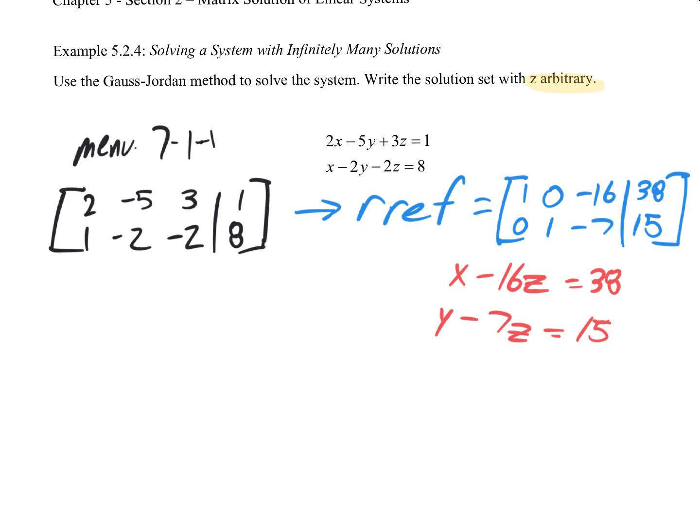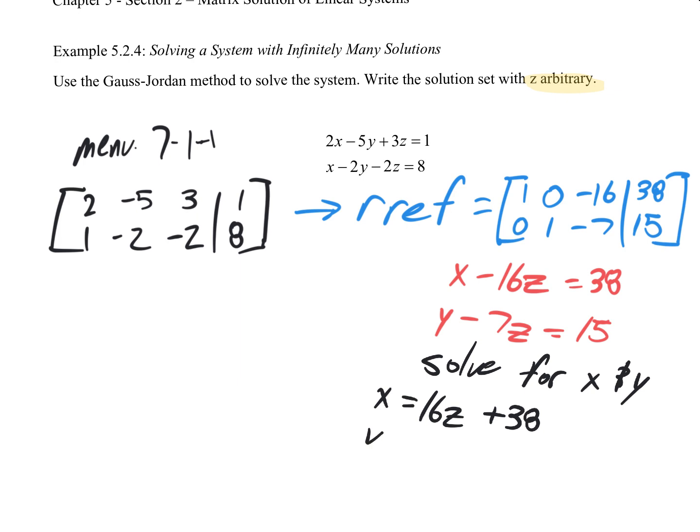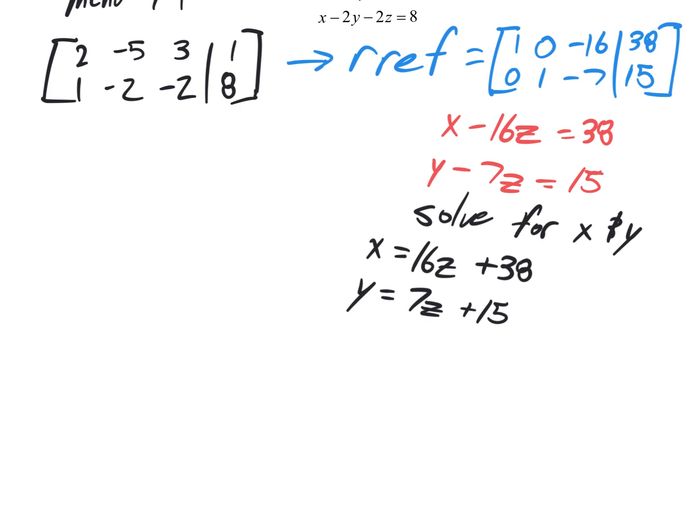Instead, let's get our x and y by themselves, so solve for x and y. Basically I get x equals 16z plus 38, and y equals 7z plus 15.